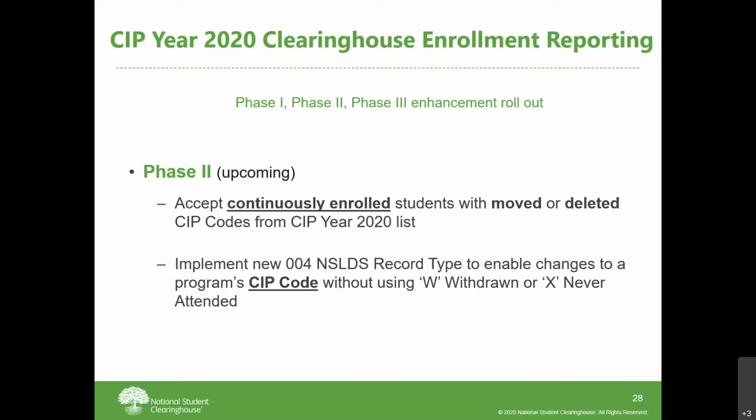NSLDS considers it to be quote unquote a bundle, and basically it's the overall campus level record, which is 001 record type, and the program level record, which is 002 record type, and then 003 record type. And these are all for student A at your school that you send over to us. And the 003 record type is just the email address, contact information, like I think it's phone number for a student. So those are what you are accustomed to sending to us.